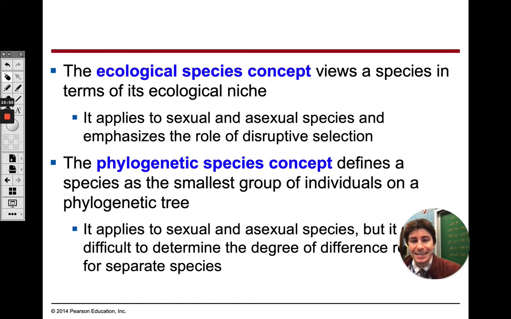Next one is the ecological species concept. This is viewing a species in terms of its ecological niche. What we are going to see here, guys, is what its purpose is in the ecosystem in which it lives. In every ecosystem, when it started off, there were holes in it.